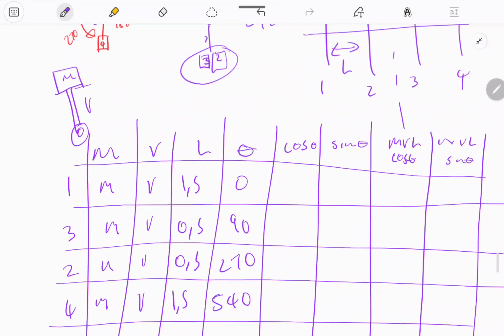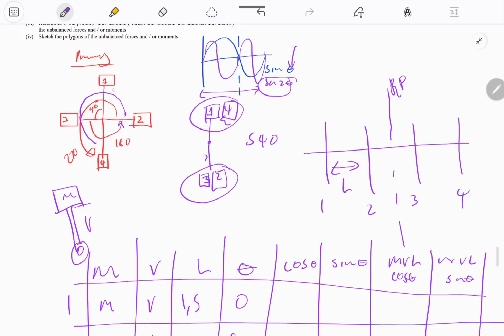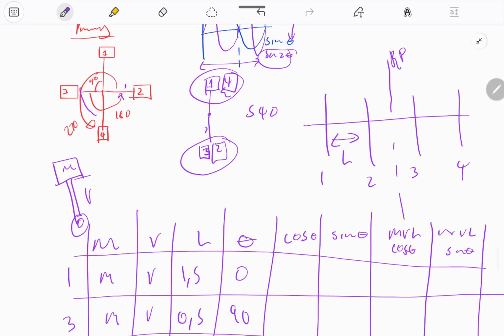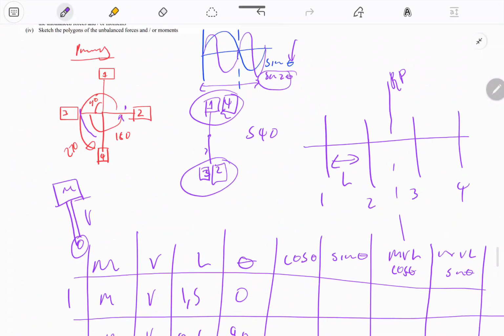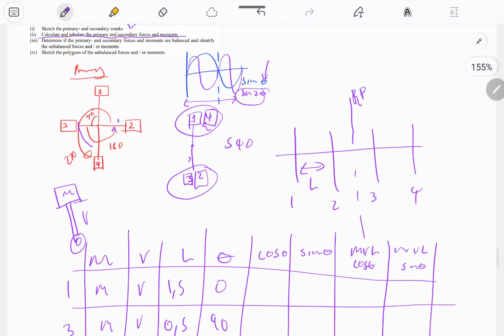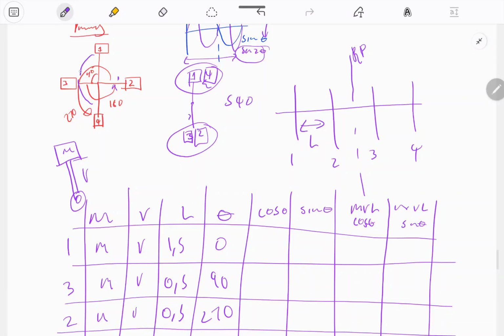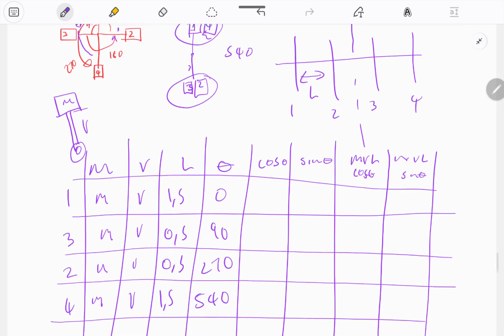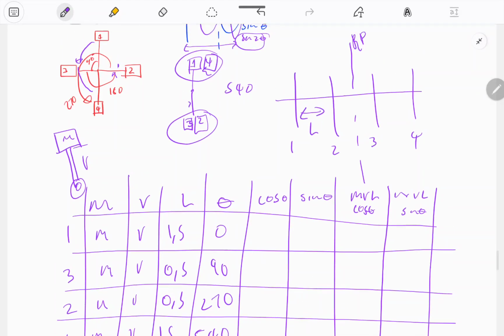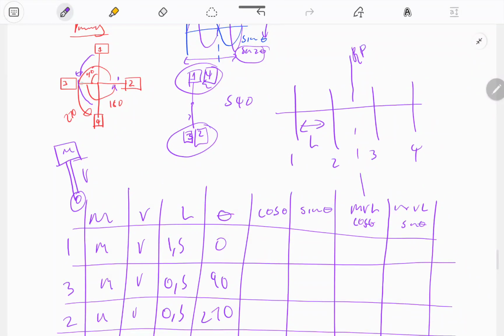Okay, let me explain the angle thing because I think sometimes it's kind of confusing. 1 is at 0, 3 is at 90. You could see that on the drawing. I'm starting like this at 90, right? And then if I want 2, I'm already here at 90.